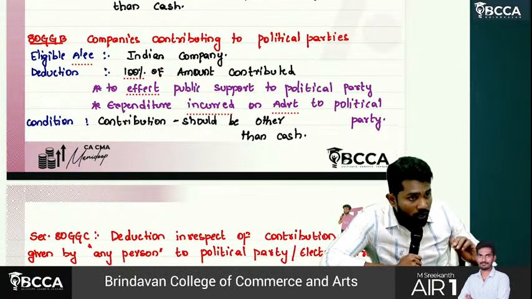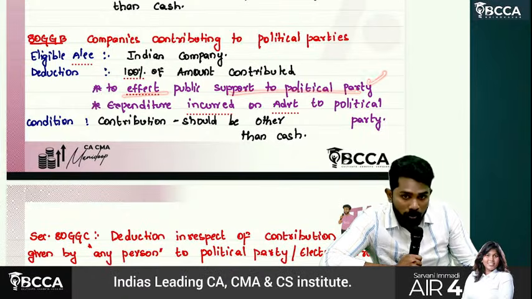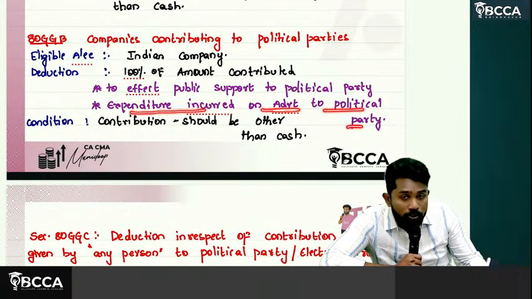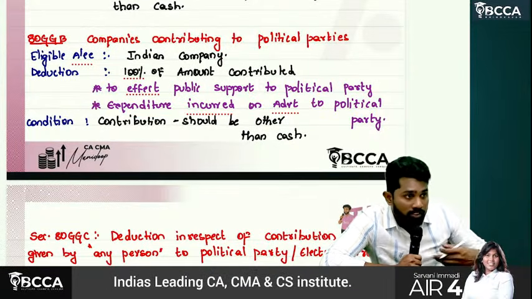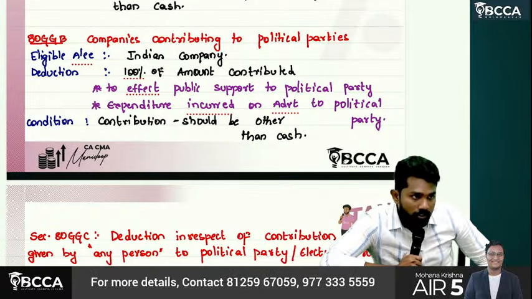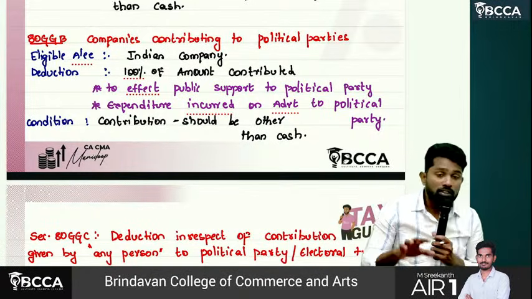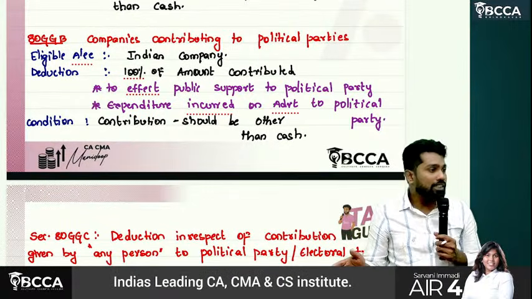So for what can they donate? Directly to effect public support to a political party, or they can incur expenditure with respect to advertisement for the political party. For a political party's promotion, they may put up hoardings and all. They may advertise about the political party in newspapers and all. That expenditure is met by the company. So direct donation is what?